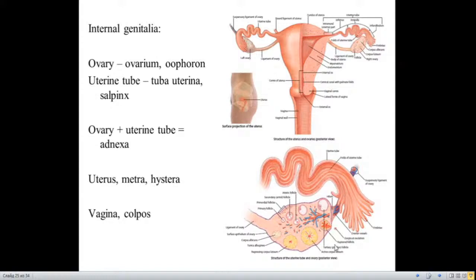The ovary is a typical gland of mixed type, similar to the testis, which was also a mixed gland. So the ovary has an exocrine part and an endocrine part.